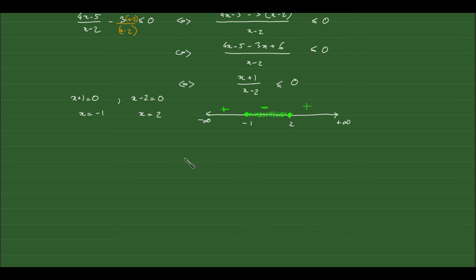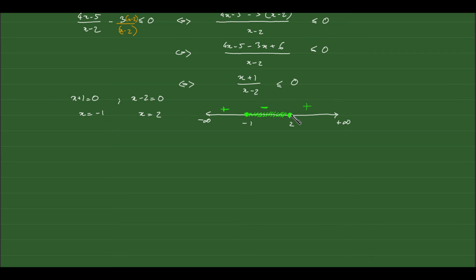But be careful right here. You guys think that because it's an equal sign we're going to use a dot for both ends, right? But because this is under the denominator, you cannot have 0 under the denominator.